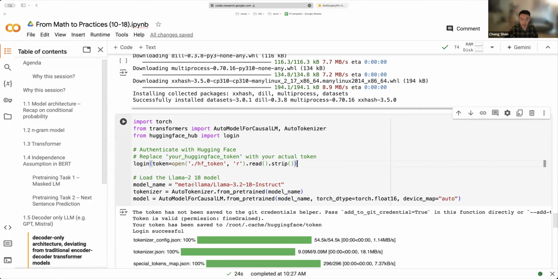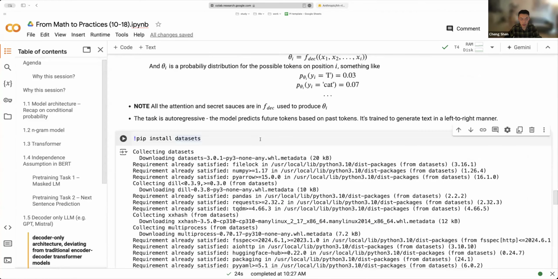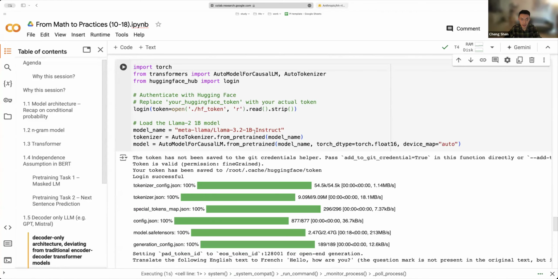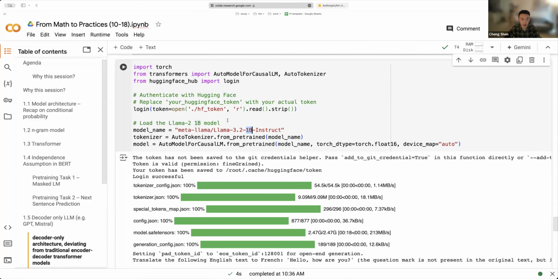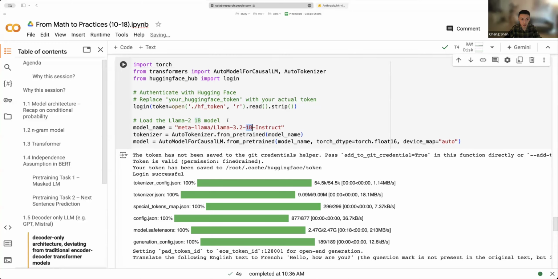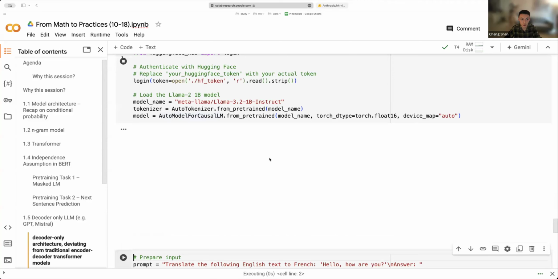Here I'm using Meta Llama 1B as an example to run. The good thing is Meta Llama 1B is small enough that you can also run it in the Colab notebook. Let me see if we can run the demo here.